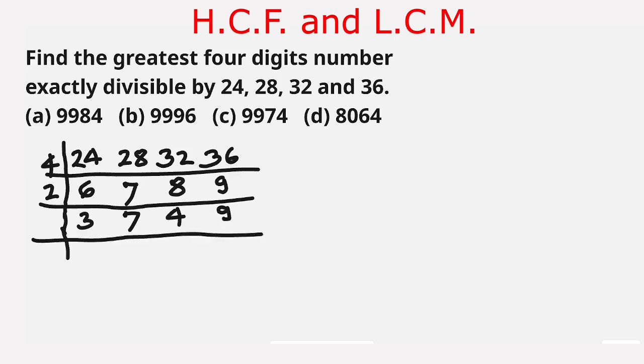Now we divide these numbers by 3. 3 divides 3 for 1 time. We write 7 as it is. We write 4 as it is. 3 divides 9 for 3 times. Now 7, 4 and 3 are co-prime numbers.